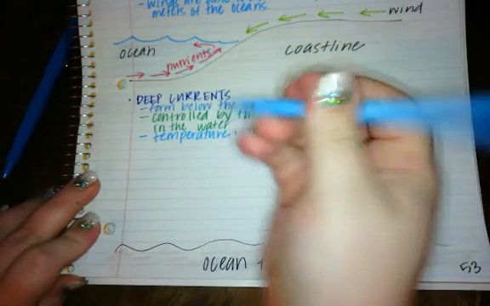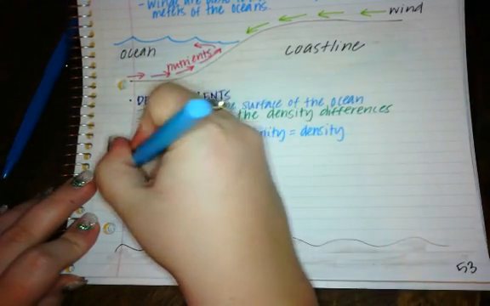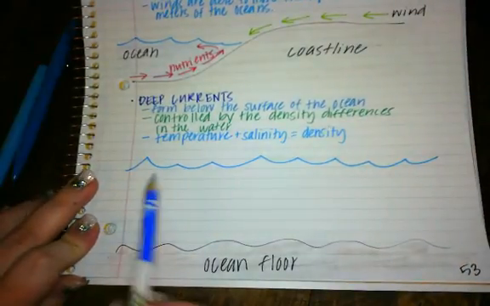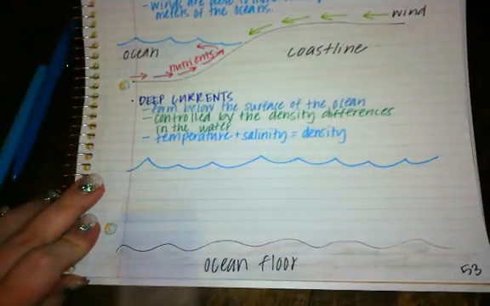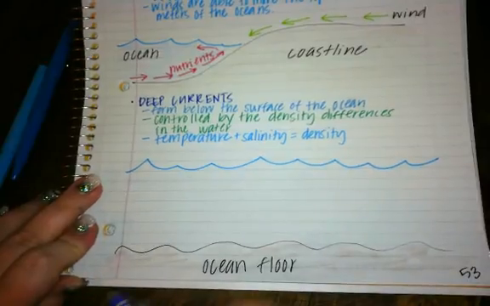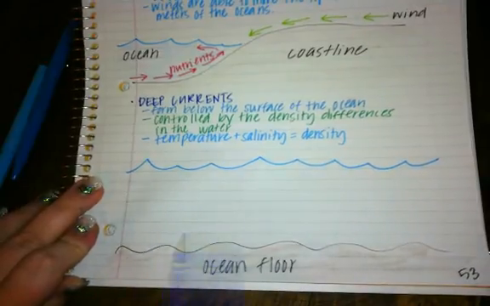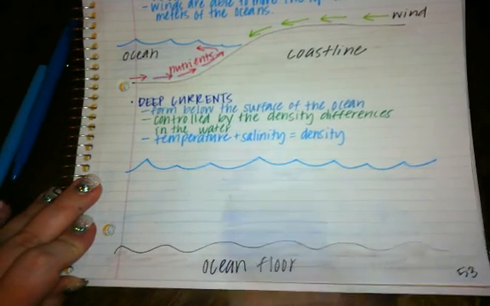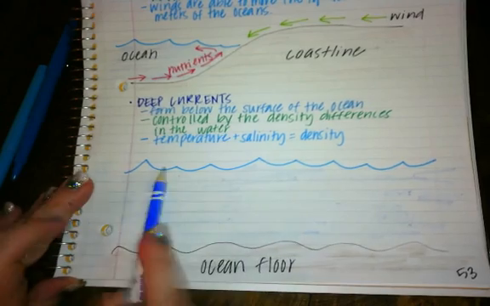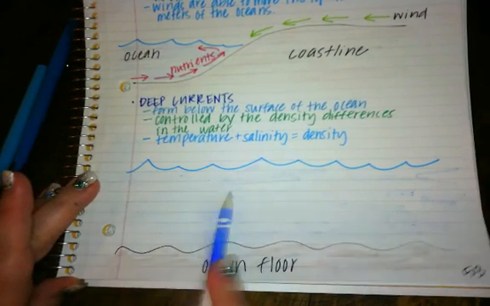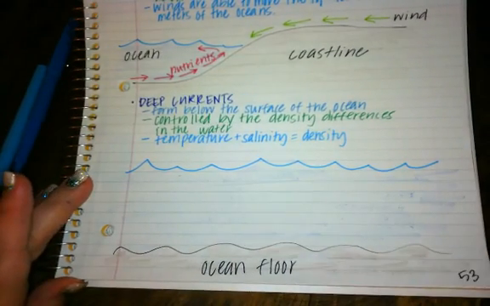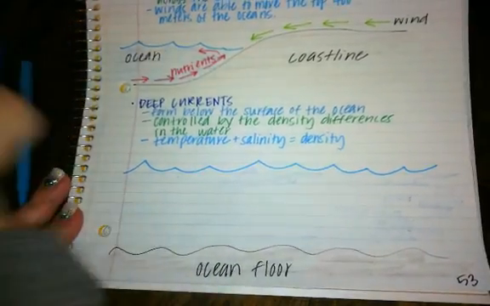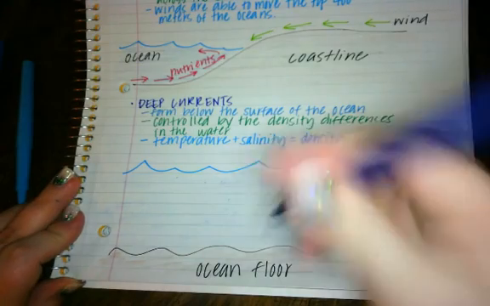Then we're going to take our water and draw our water in here. Lovely blue ocean. Again, doesn't have to be beautiful, just has to be obvious what it is.